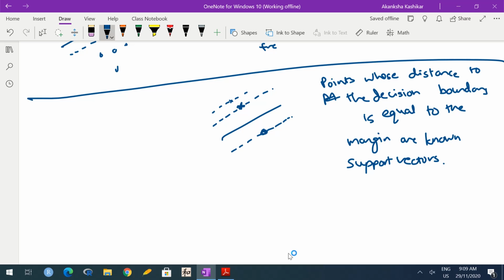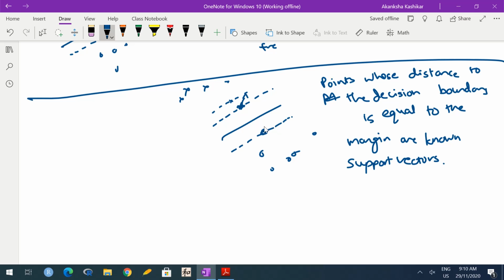Now, what are some interesting observations? If a support vector gets changed, meaning if this point moves somewhere, then the margin has to move, right? However, if I add new points here or here, that doesn't affect the support vectors, and as a result it doesn't affect the equation of the classifier.